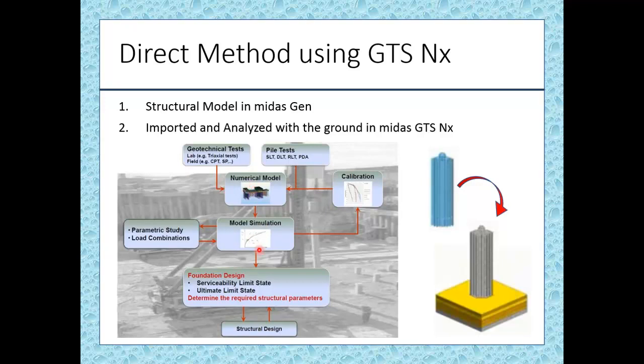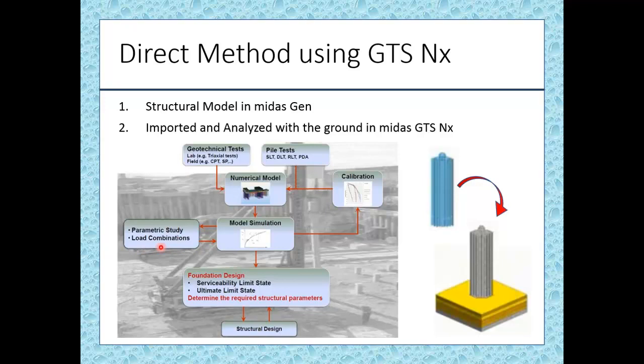When you are simulating the model, you can go ahead with a parametric study wherein you can simulate different lengths of piles, different diameters of piles, and so on. So that's a parametric study that can be done.